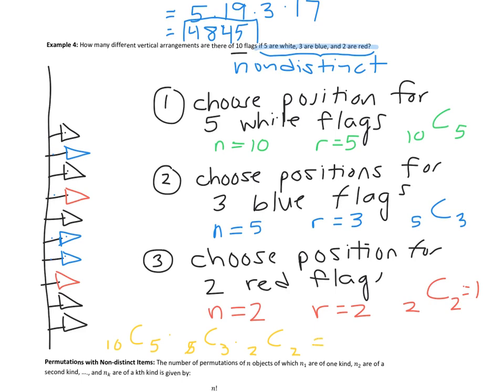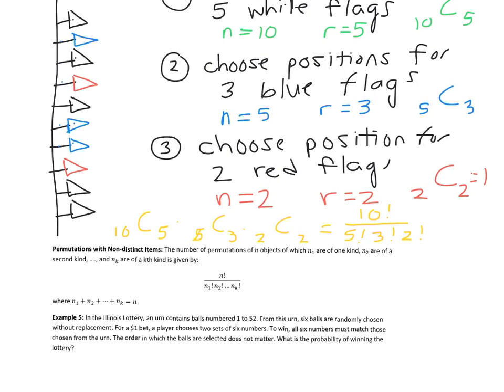This is what you're going to end up with: the 10 factorial on top for 10 total flags. On the bottom, it's 5 factorial for 5 white flags, 3 factorial for 3 blue flags, and then 2 factorial for 2 red flags.